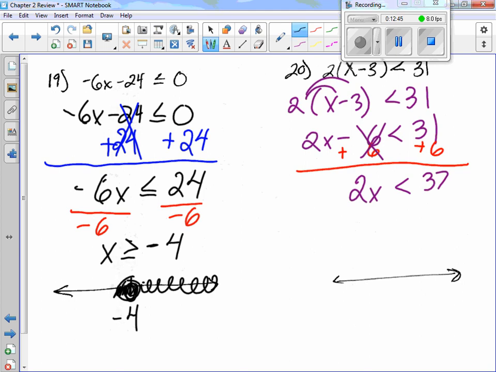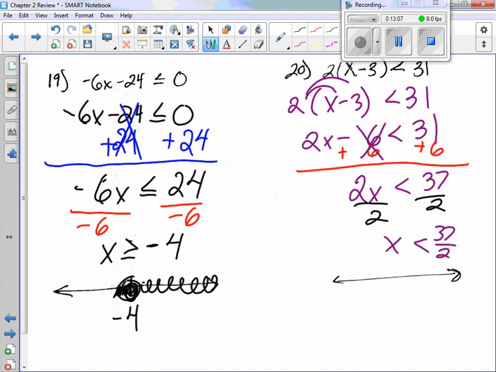Now at this point here, we can divide both sides by 2. Will 37 divide by 2 evenly? No. I can leave it as 37 over 2. That's perfectly fine.